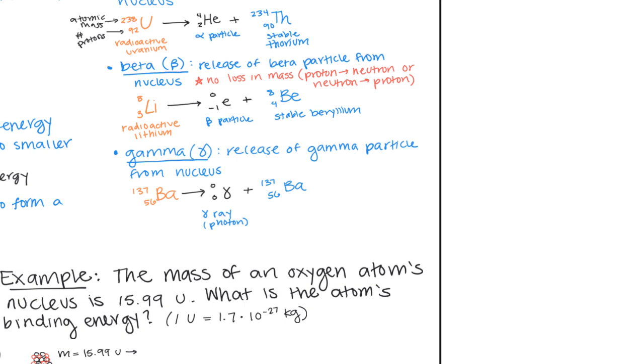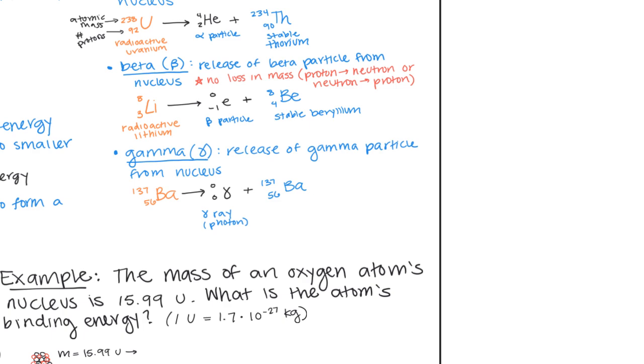So say we had a radioactive lithium atom. You'll notice it has its 3 protons on the bottom here, indicating that it is in fact lithium, but it has an extra large atomic mass. It is ready to shed some neutrons there to become a more stable atom. So what it would do is shed a beta particle. And this is our pretty standard notation for beta particles, indicating that it is going to lose a little bit of that negative charge here.